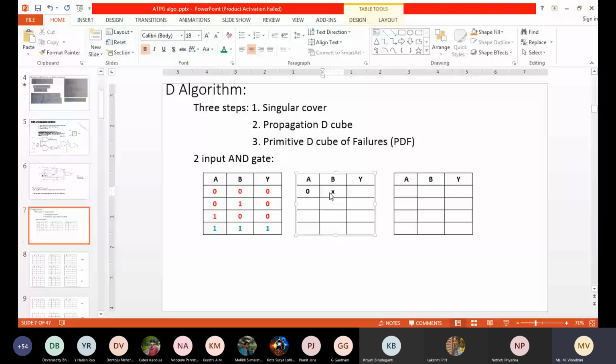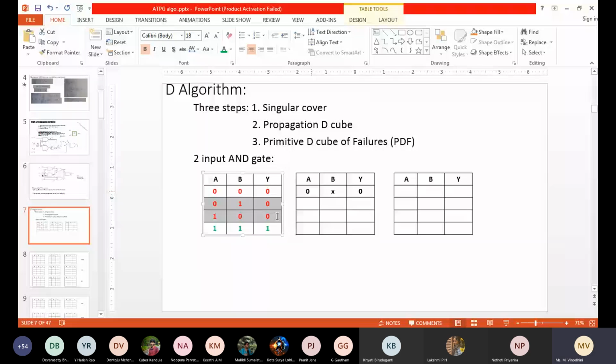Now let me consider second and third. How many variables are differing? 2 variables. A is 0, 1, B is 1, 0, Y is the same. 2 variables are differing, so I cannot consider that. Next, 1 and 2 is done, 2 and 3 is done. Now can I consider 1 and 3?